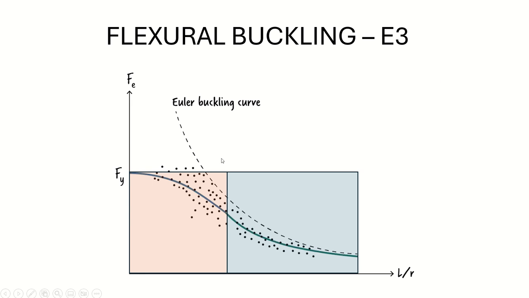That's why the real behavior is not the dashed curve, it is this curve which is here, and as you can see, an elastic behavior here and also a plastic behavior here. So the code is using two equations for the representation of these two behaviors.